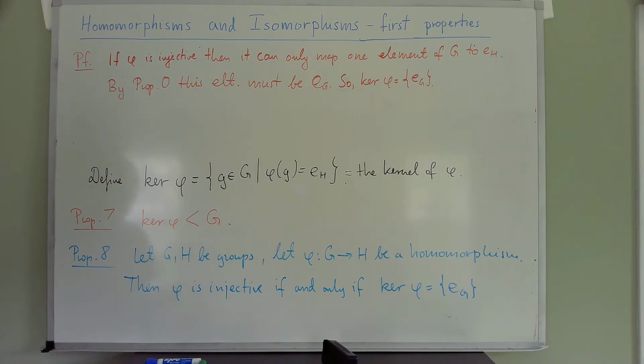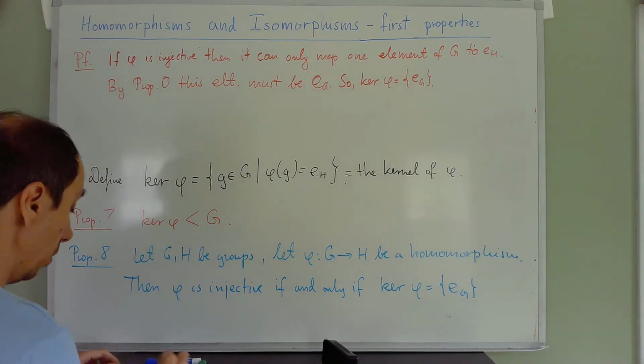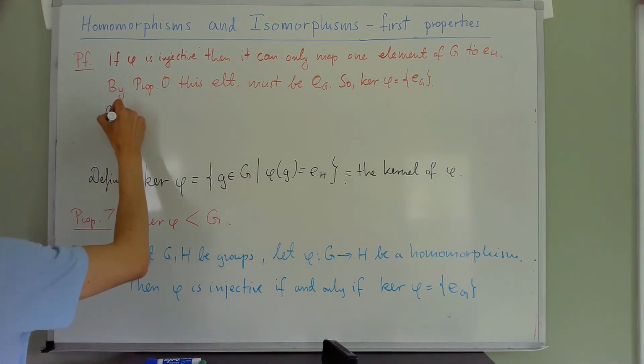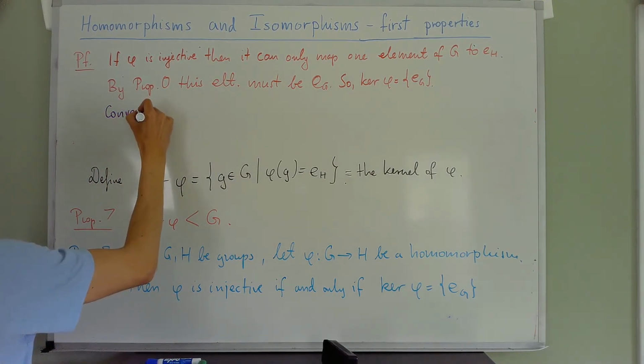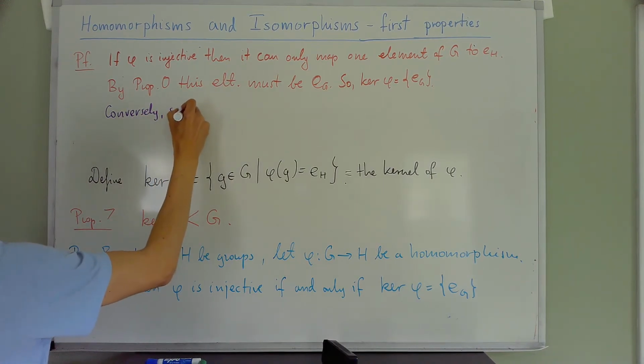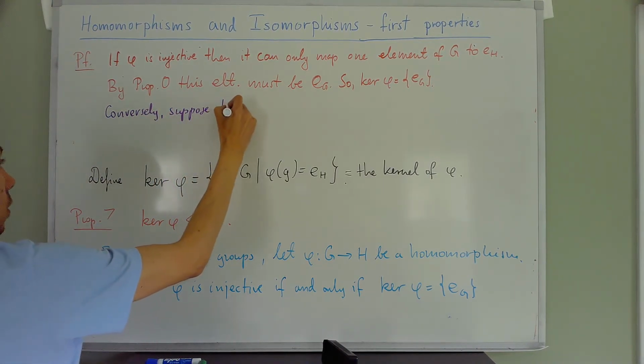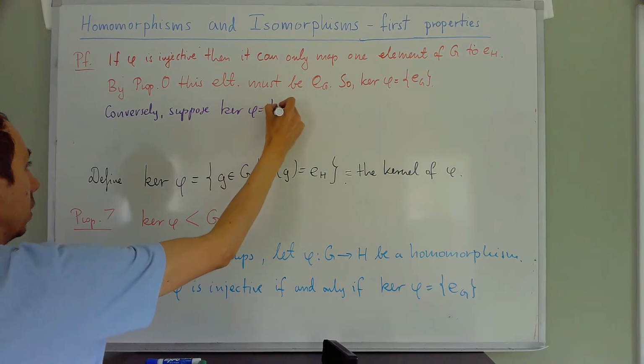So the thing that you need to prove is the converse to this statement. So conversely, suppose the kernel of phi is just the identity.